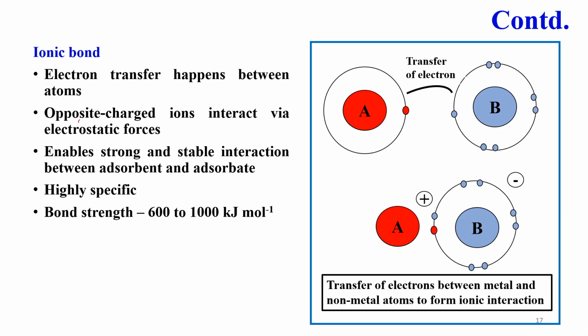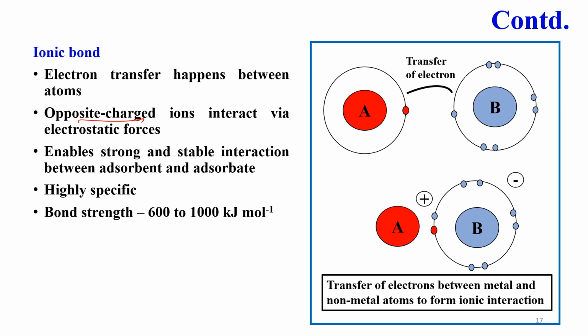In the case of an ionic bond, it is particularly an electrostatic interaction. It takes place due to oppositely charged ions, and it follows Coulomb's law of electrostatic interaction. So, it enables a strong and stable interaction between adsorbent and adsorbate.